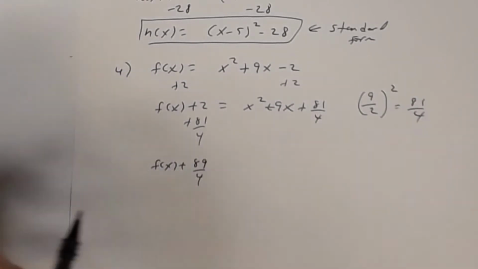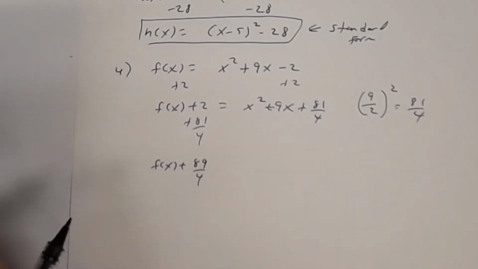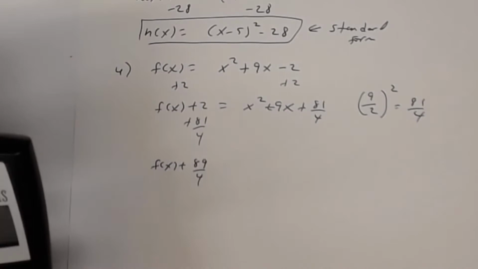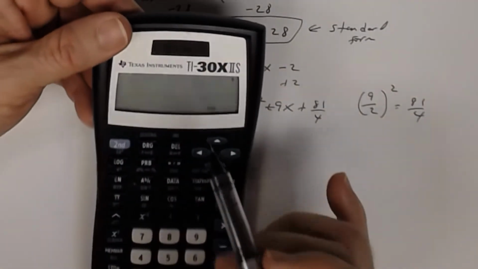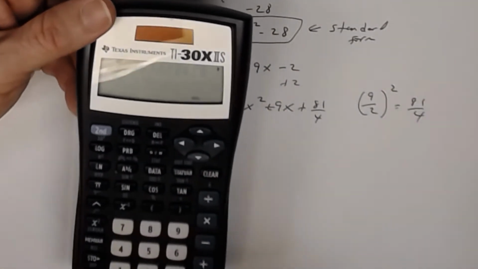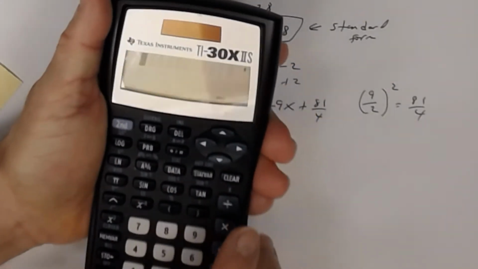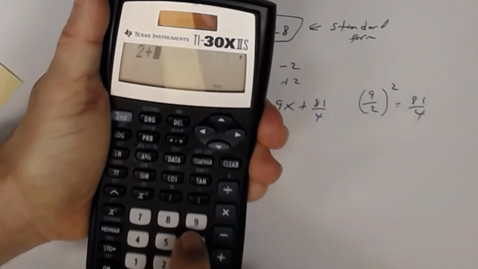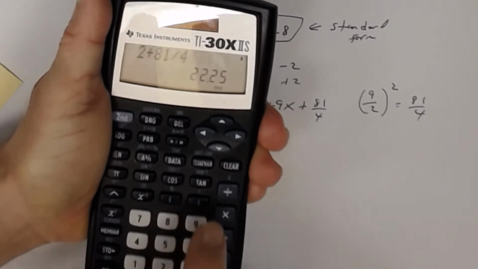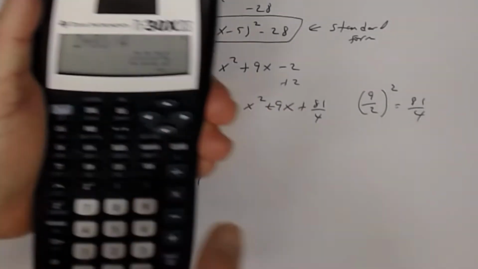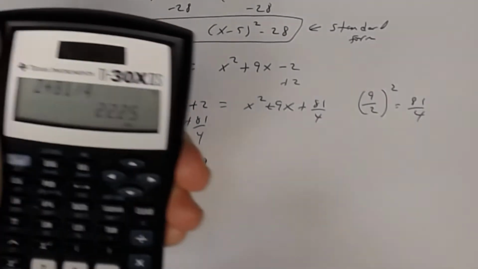Now, if you have access to a calculator, let's remind ourselves how to do this. Remember, you need to know how to use your calculator. This is the one I'm using, the one that was on the syllabus. You're going to say 2 plus 81 divided by 4. It writes it as a decimal, but you want to rewrite this back as an improper fraction.